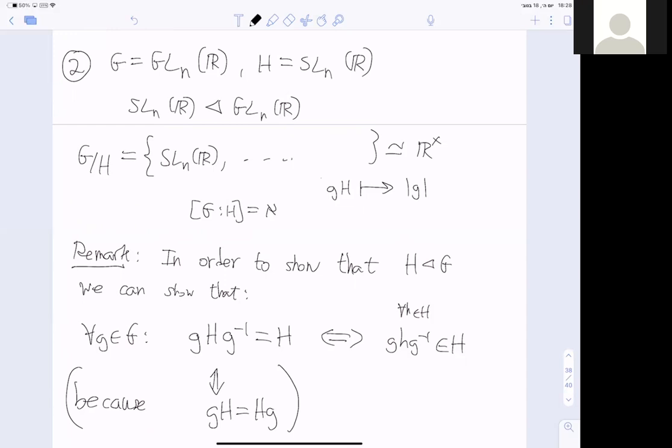Okay. So this is one example of what we are going to see next time. Emmy Noether, first isomorphism theorem. She has 3. She's a great woman.